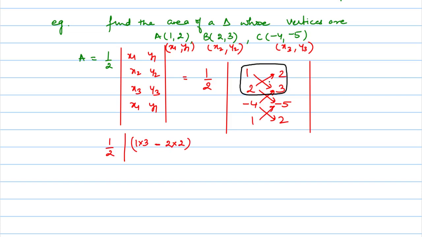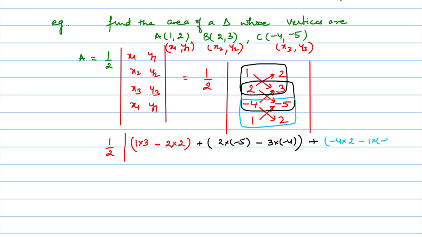Plus 2 into -5 minus 3 into -4, plus, concentrate on the third one, -4 into 2 minus 1 into -5, and we'll solve this.